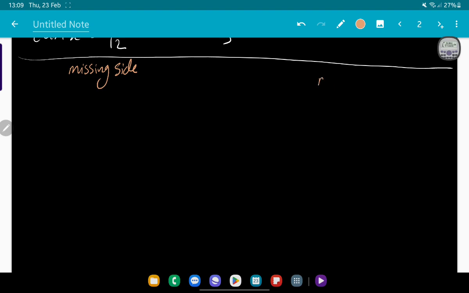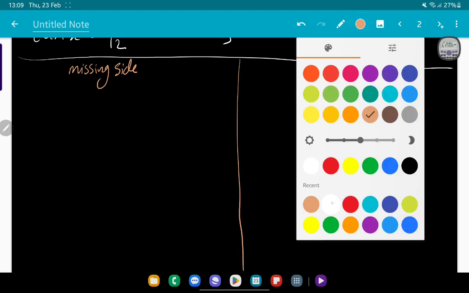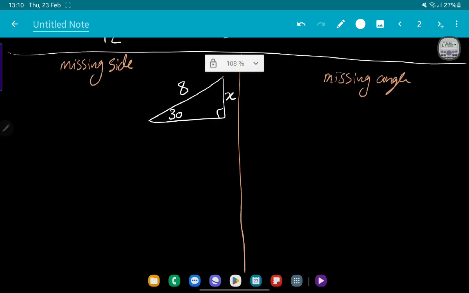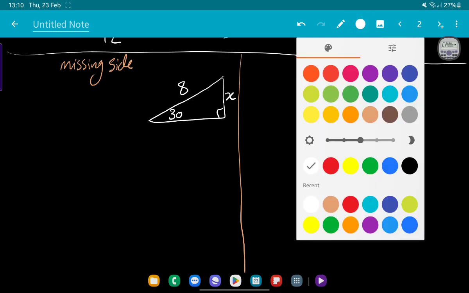The second one is a missing angle or angles. For this example, we have a 30 degree angle, the opposite is unknown x, and the hypotenuse is, for example, 8. You need to know which ratio to choose, or to use.